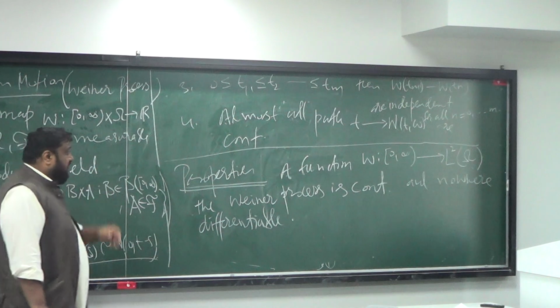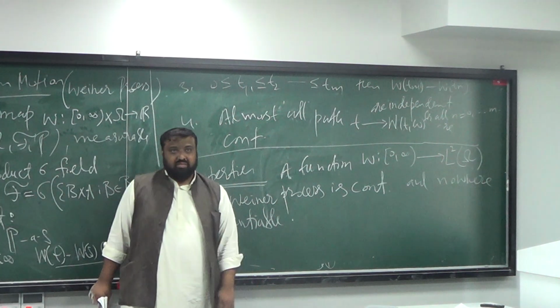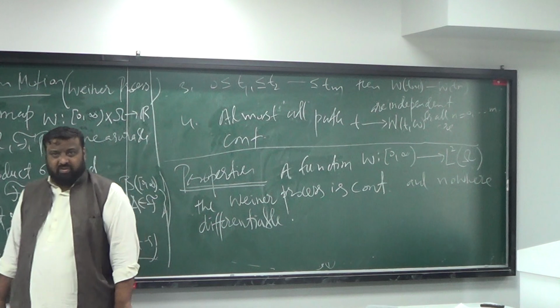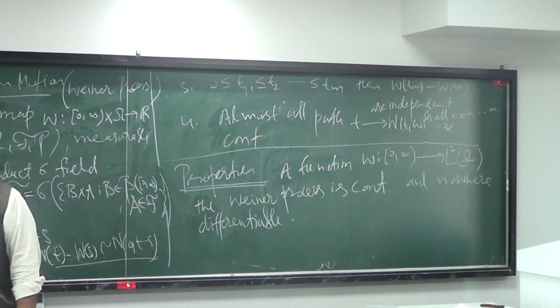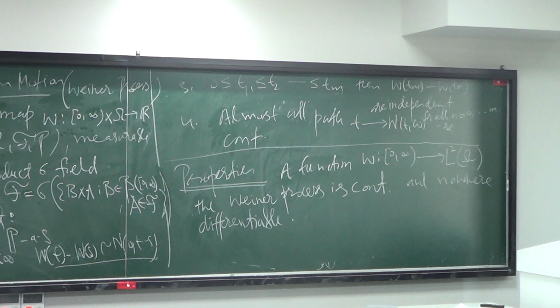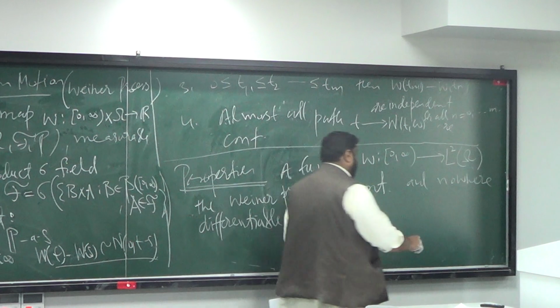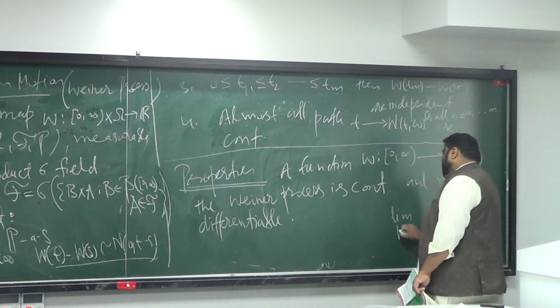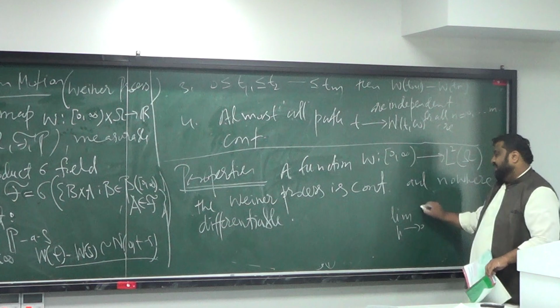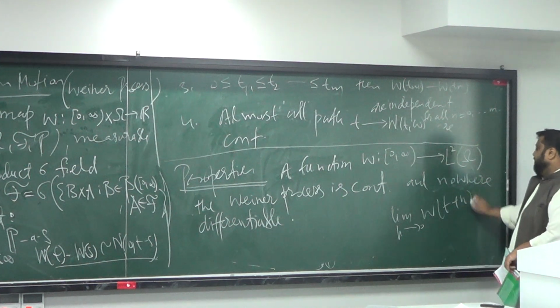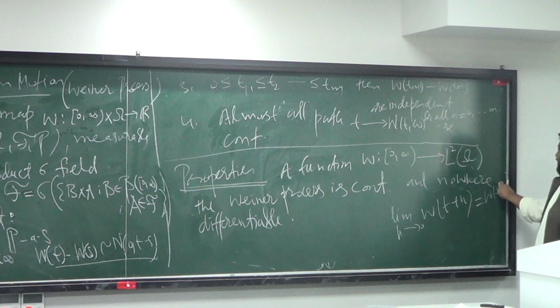So how can I show it in L2(Ω)? What should I do so that I can show W is continuous? Roughly, we have the limit as h goes to 0 of W(t+h), which must be W(t).